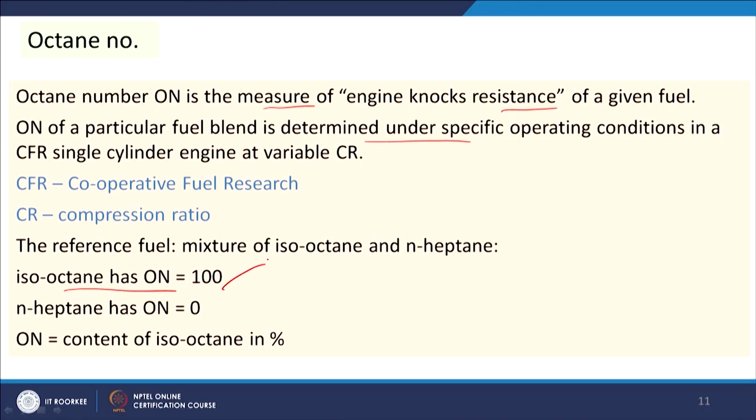Isooctane has 100 and n-heptane has 0, and the octane number is equal to the percentage of isooctane in the mixture which has a knocking property similar to that particular fuel.